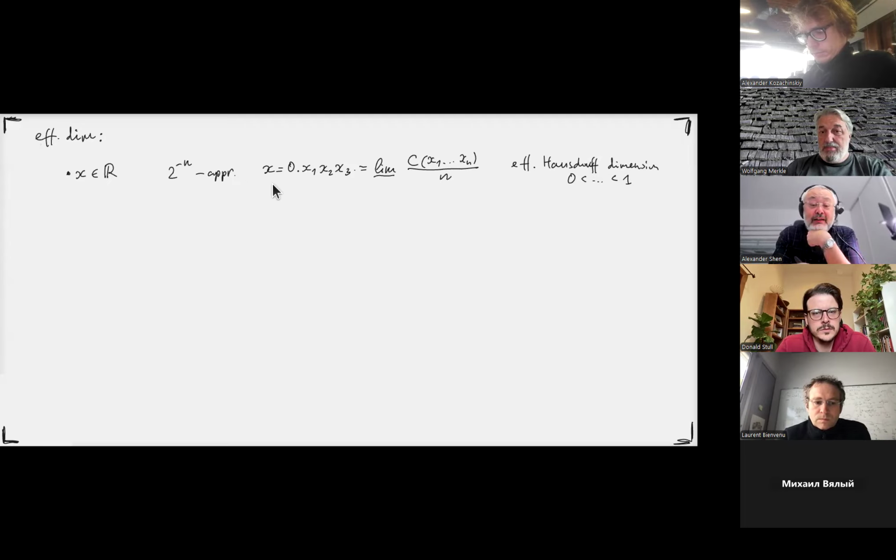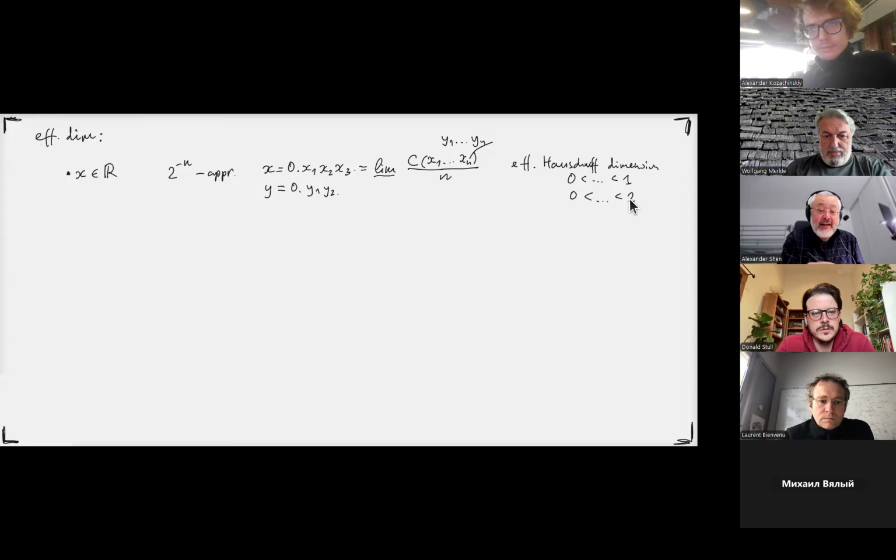For numbers, the dimension is between 0 and 1. If we have a two-dimensional point, then we have two coordinates, and the effective dimension for points is between 0 and 2. If we have lines, which are ax plus b, then of course it's just a point in a dual space. So we have points, numbers, and lines, and for lines we also have something between 0 and 2.